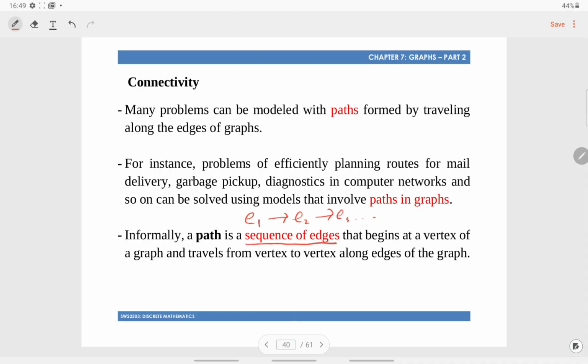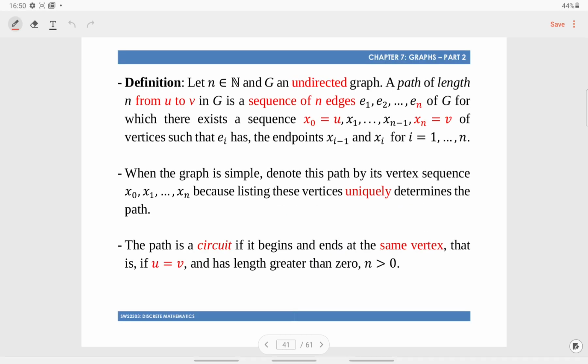So there is a sequence of edges in the path that begins at a vertex of a graph and travels from one vertex to another vertex along edges of the graph. So when it is a sequence, the order matters. Which one comes first, second, and so on. So this is the proper definition for the path.